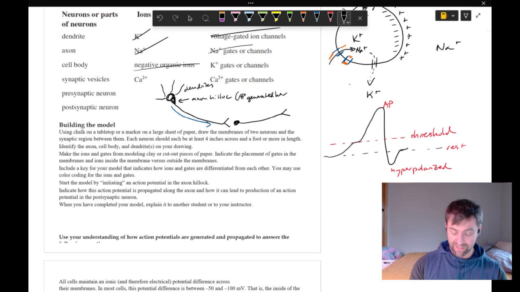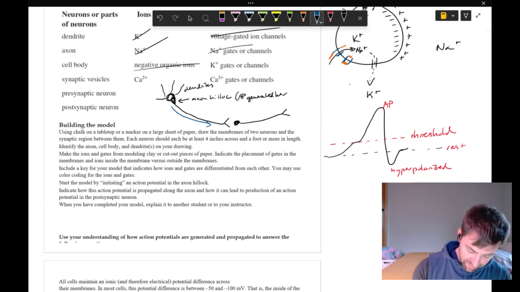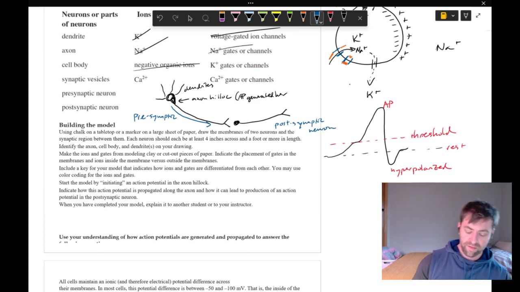So in this model here, the one on the left would be the pre-synaptic neuron, and the one on the right would be the post-synaptic neuron. Drawing it this way is kind of helpful for me. We'll come back to that in a second.